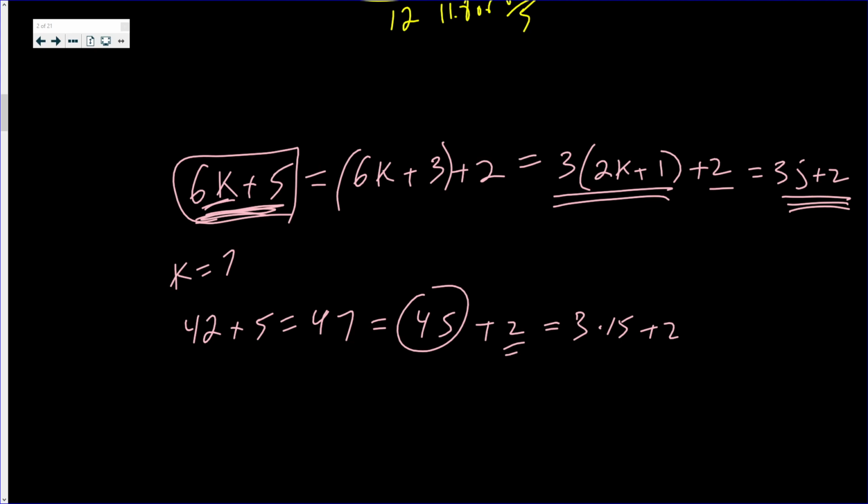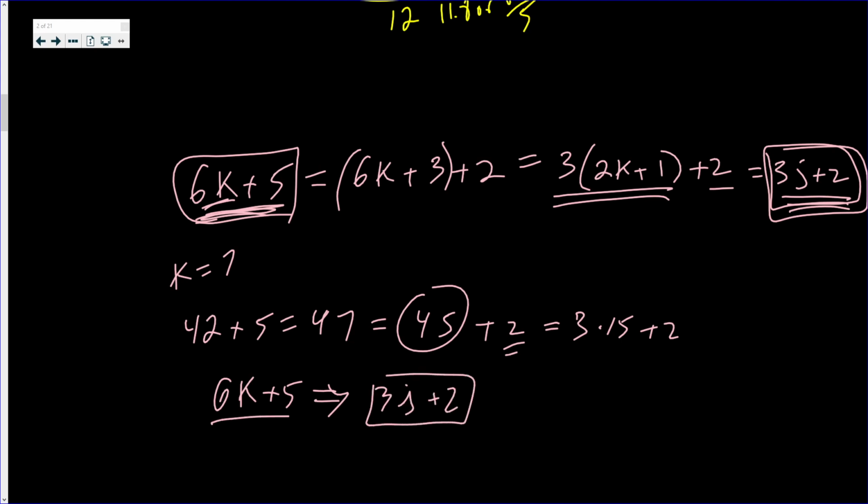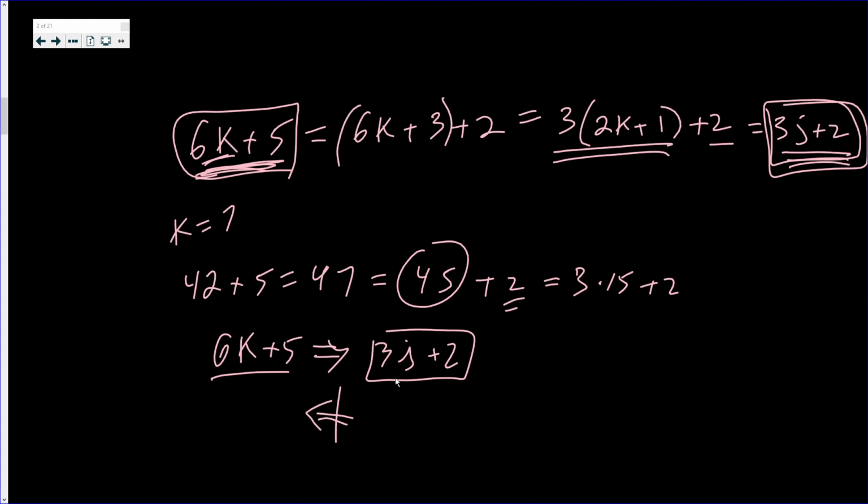So we did show that being in the form 6k plus 5 implies that you're in the form 3j plus 2. But they claim it doesn't go the other way. Being in the form of 3j plus 2 does not imply that.